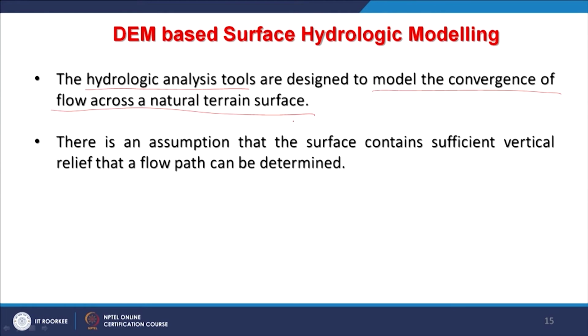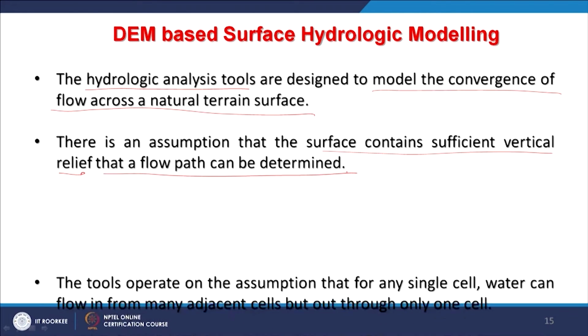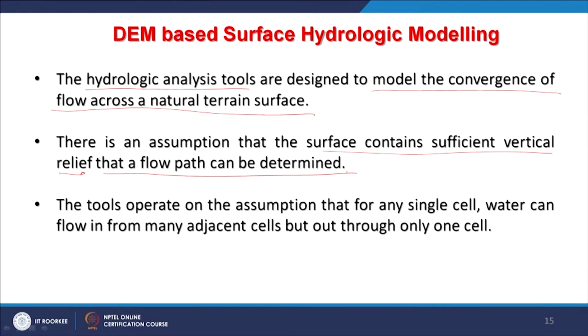And the assumption, which I have already mentioned, is that the surface contains sufficient vertical relief that a flow path can be determined, that whatever is falling in the form of precipitation has to flow, and it will create its own path in the form of a drainage network.